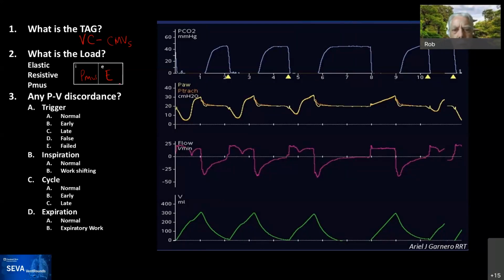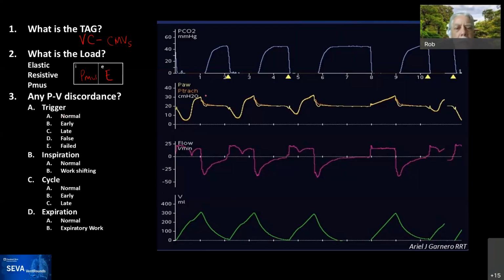As far as triggering, we see the little triangle marks for most of the breaths. At the top of the waveform, what we have not seen before is the exhaled CO2, the capnogram.